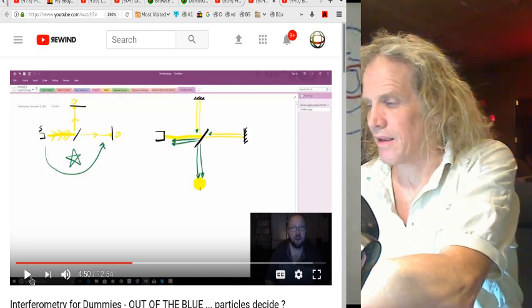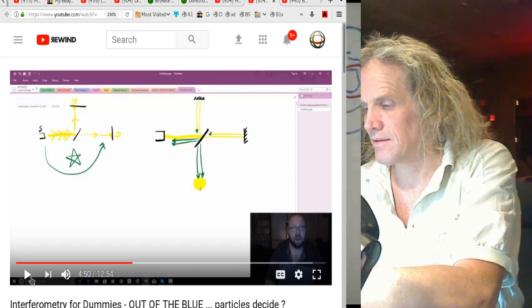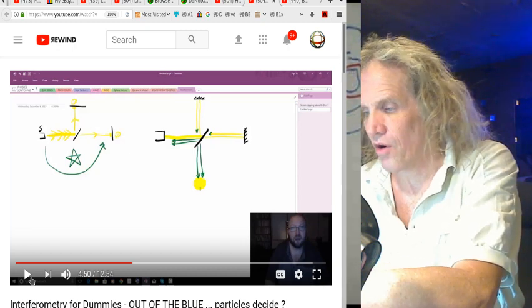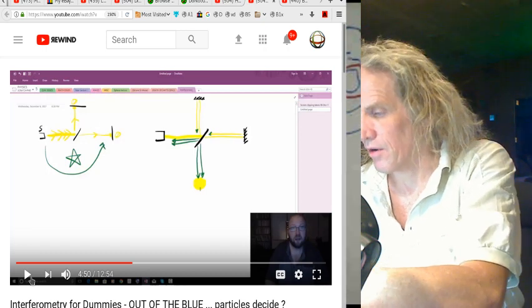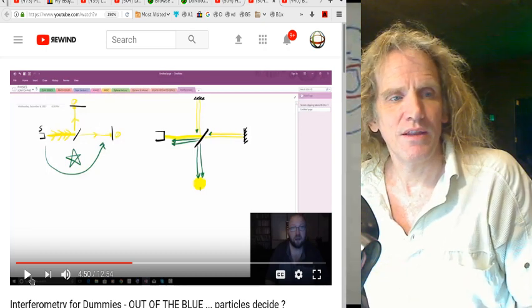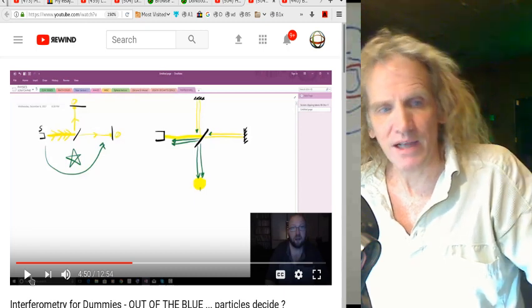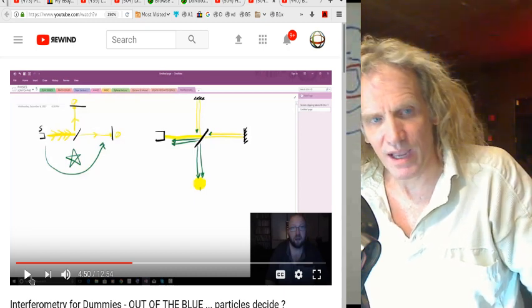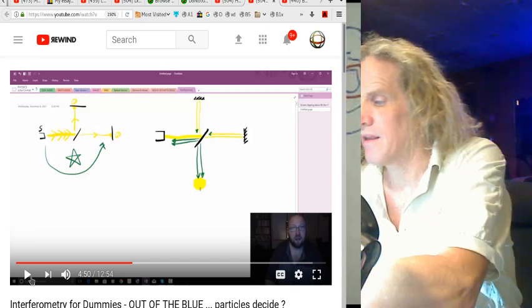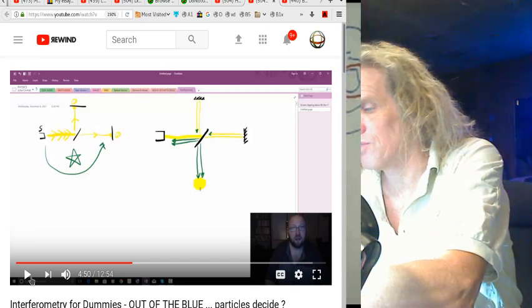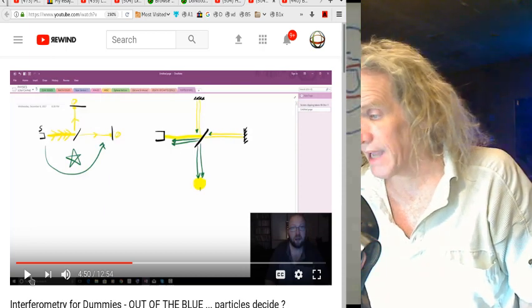You get this, or you get this. You do not get all on or all off. You get a mixture of on and off. So it's not that you get a bright dot and that's all you get, or you get no light and that's all you get. You get one of these two patterns.